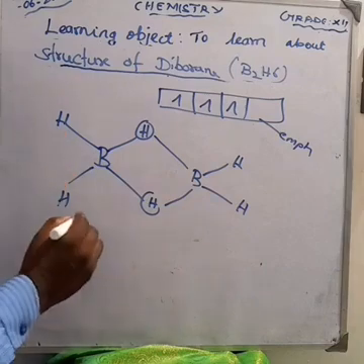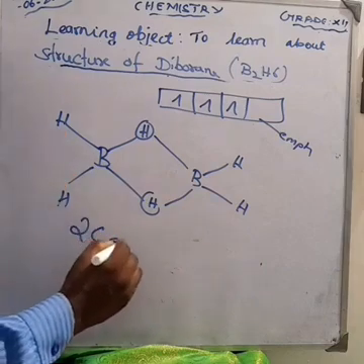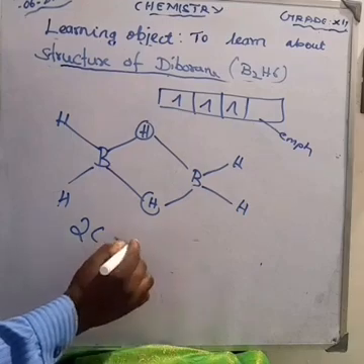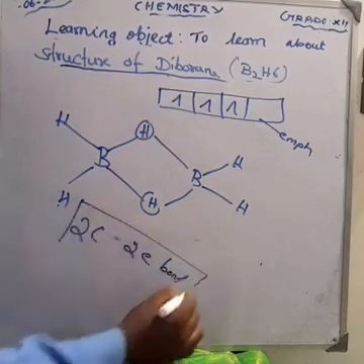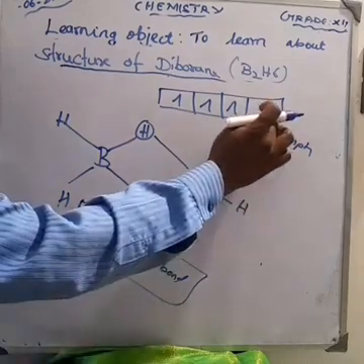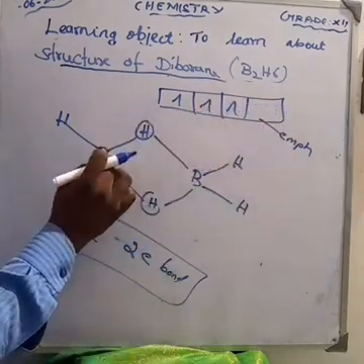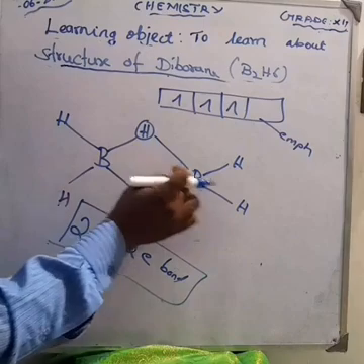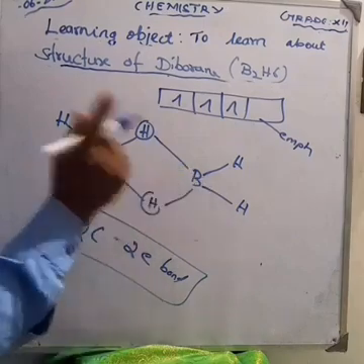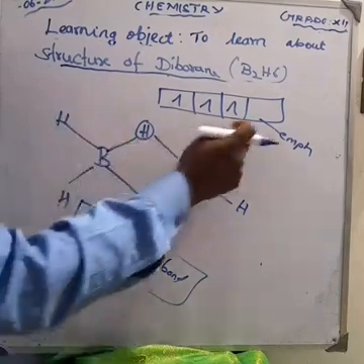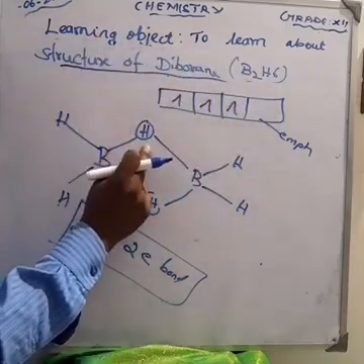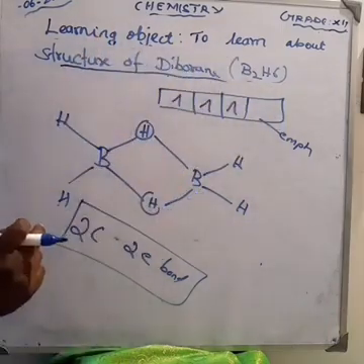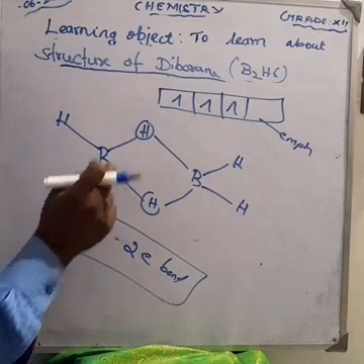Four terminal. That is two-center two-electron bonds, also leaving one empty and one half-filled hybridized orbital on each boron. Each boron has one empty, am I right? One empty, and also one half-filled hybridized orbital.